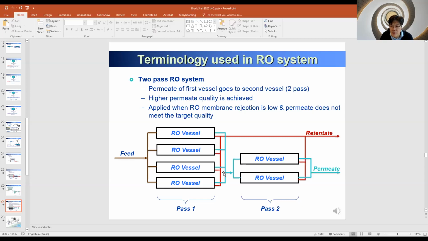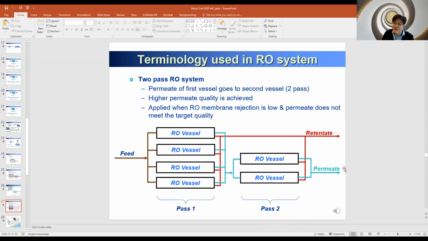So you need to reduce the TDS, boron, and bromide some more, so we can go through another RO. This is the second pass. So the first pass permeate is collected and goes through another RO, and we call that the second pass of your membrane system design.